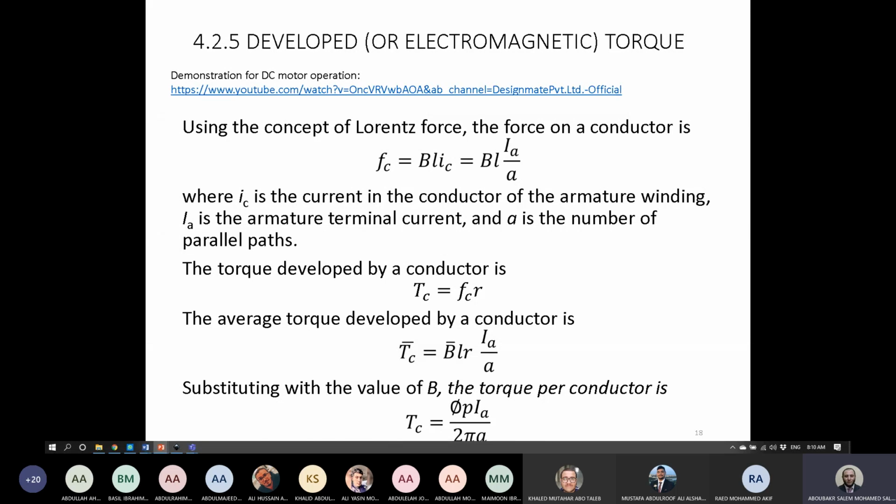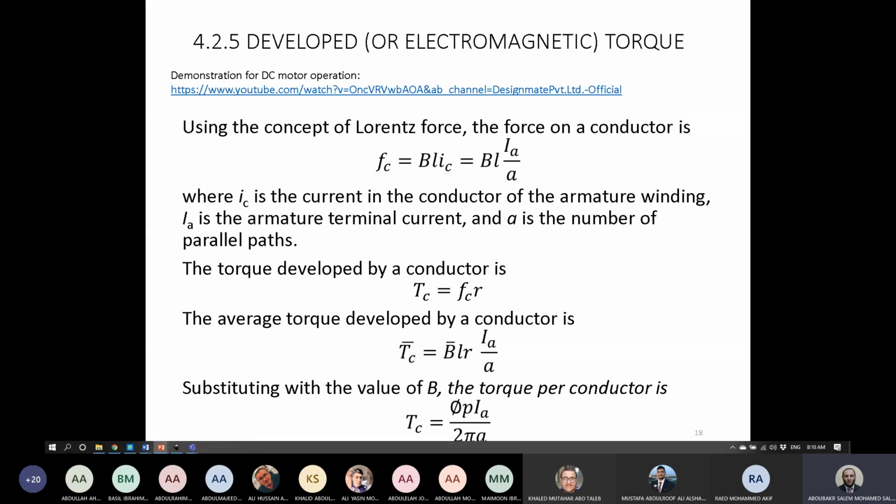From the discussion and observation of the videos last class, we can now start calculating the torque of the machine. Simply, the force on each conductor, we know the Lorentz force law, equals B, the flux density, multiplied by L, the length of the conductor, multiplied by the current flowing in the same conductor.